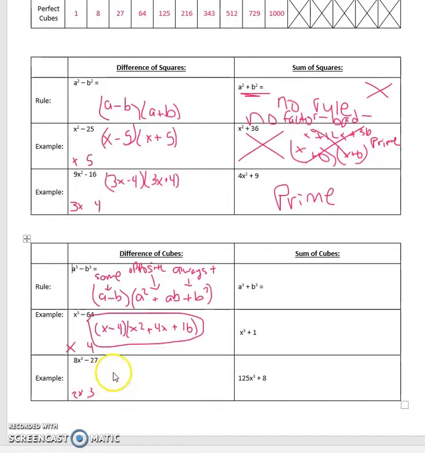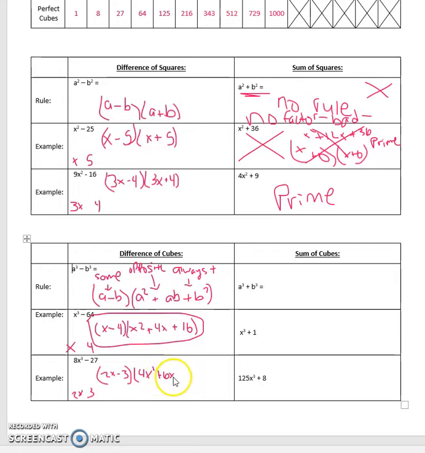So then we just do it again. 2x, keep it the same, minus 3, times A squared, so 2 squared is 4, x squared is just x squared, plus A times B, so 3 times 2x is 6x.